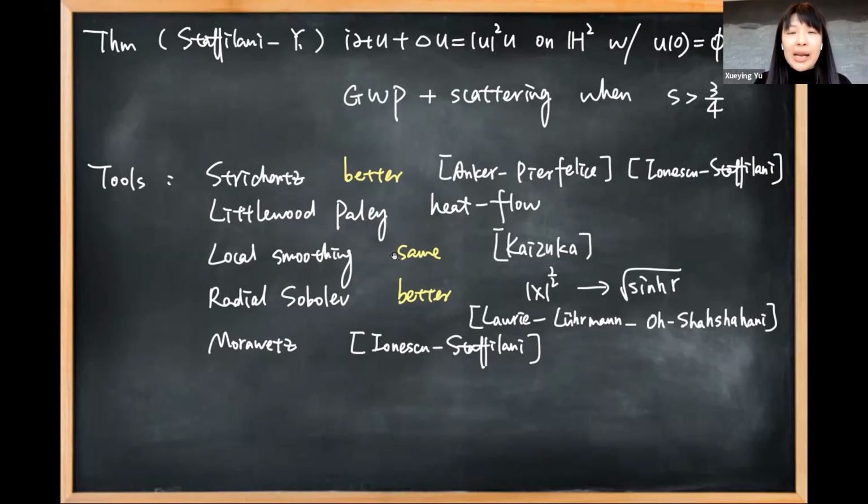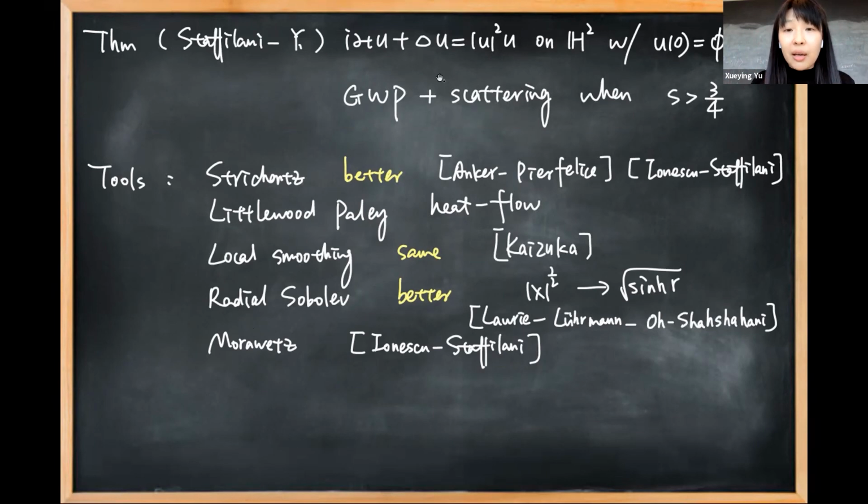For the local smoothing, it is identical to the one I presented on the previous page. And for the radial Sobolev embedding, it is even better, because the weight I put there was a polynomial weight, and in the hyperbolic setting you can even put an exponential weight, which means you can absorb more. So that's another good news.